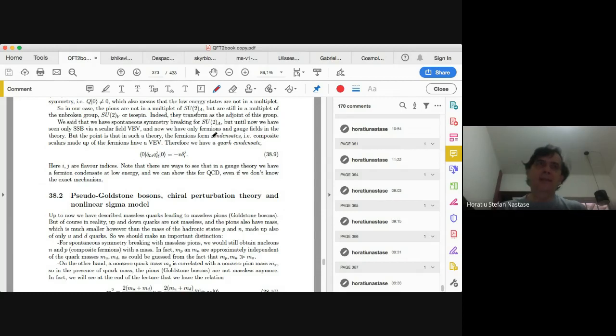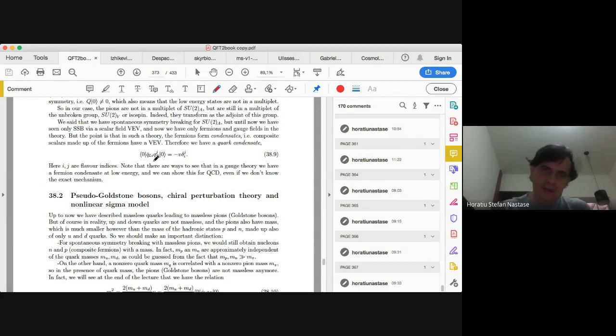But if we have fermions, the way to form a boson is by having 2 fermions. So we have fermions forming condensates, meaning composite scalars made out of a fermion and antifermion that has a vacuum expectation value, meaning a constant value for this composite field.